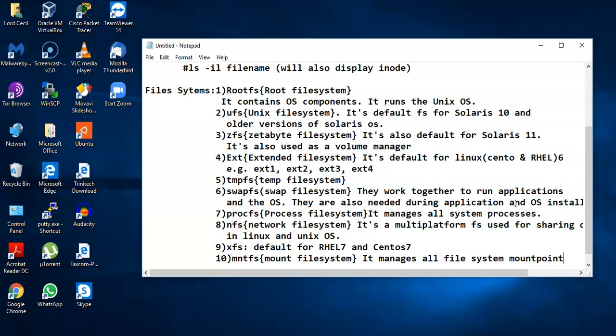Real quick, a mount point is like when we create a directory and set up a logical volume, we mount it on that newly created directory. That's what we call a mount point.